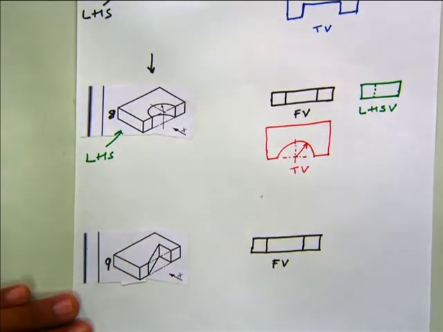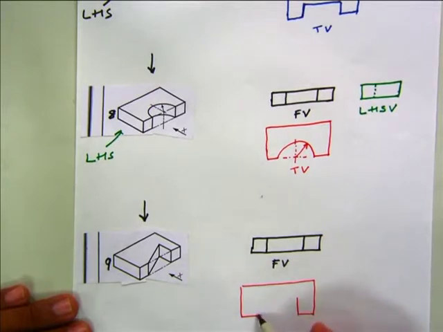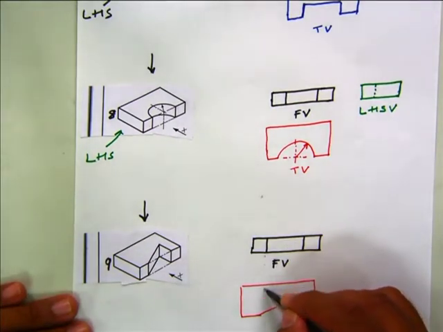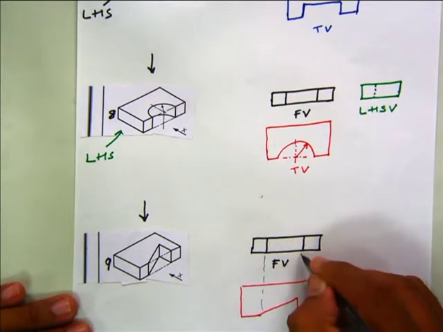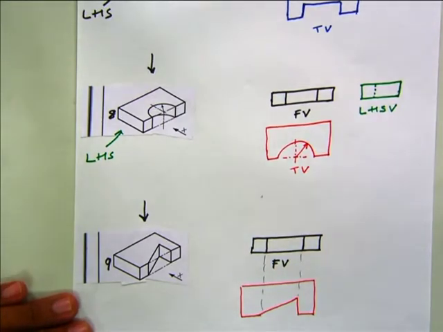When you are viewing from the top, the top view looks like this. These are the projections that you can bring down from top to here. So this is your top view.